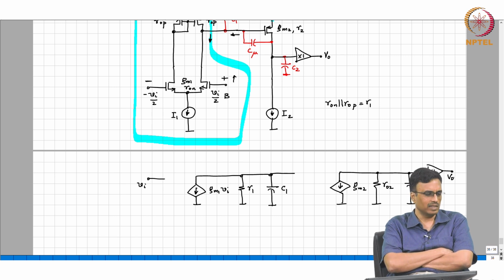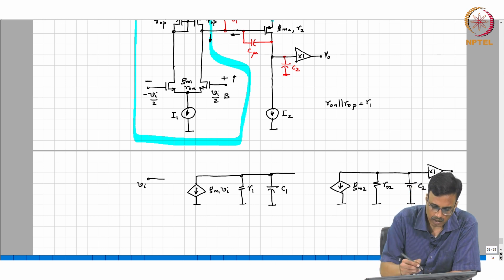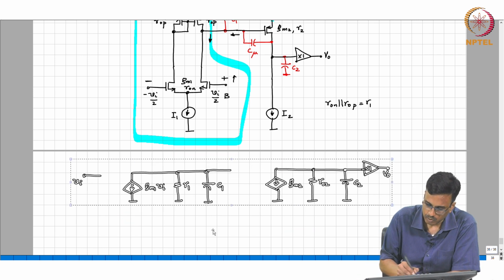There will be some bandwidth but that will be so high that we do not have to worry about it. So, this is the model of the whole two-stage op amp.